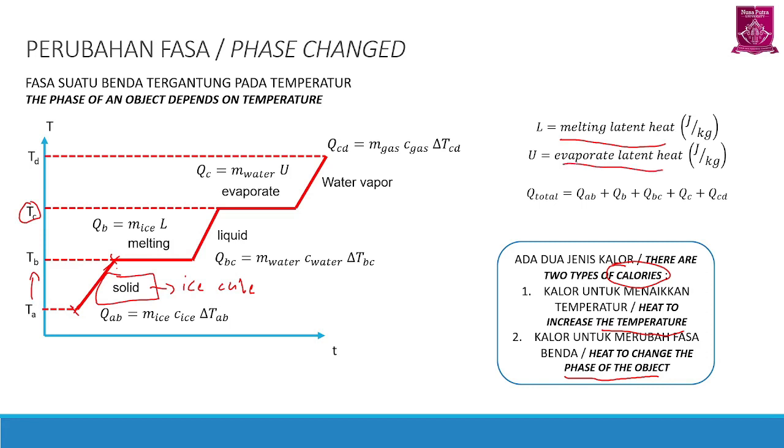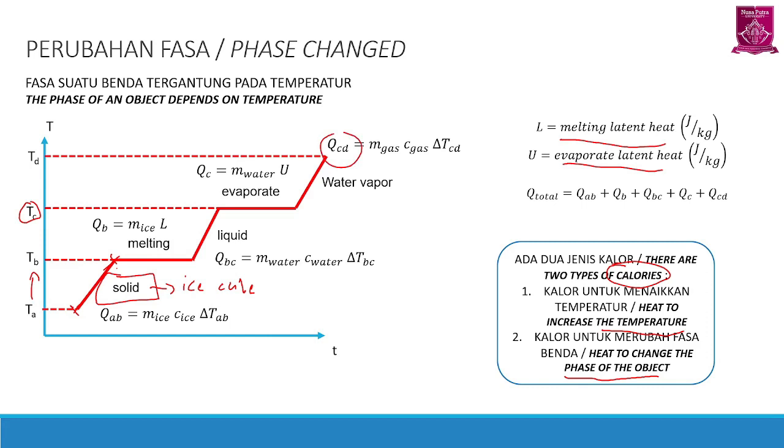And if I continue to heat this water vapor, it needs heat to increase the temperature, or Q_CD here. And the Q total is Q_AB plus Q_B plus Q_BC plus Q_C plus Q_CD.